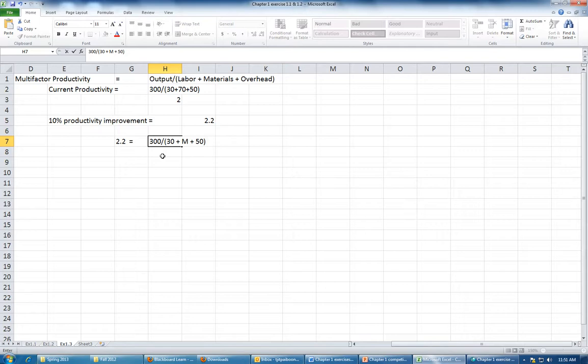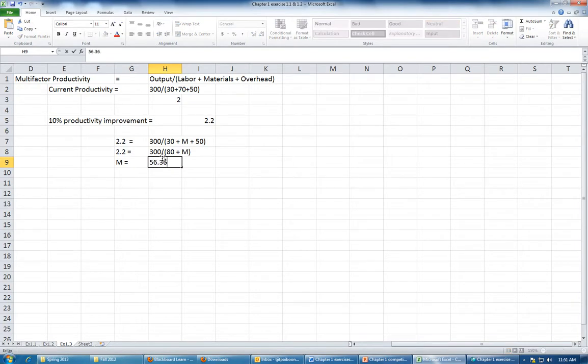Based on this equation, 2.2 equals 300 divided by, in parentheses, 80 plus M. Then you solve for M.